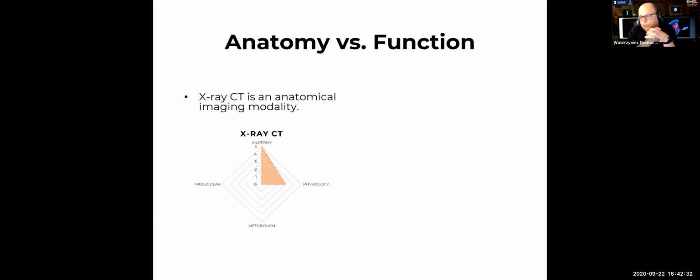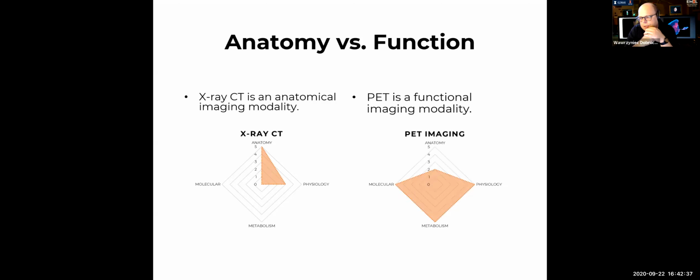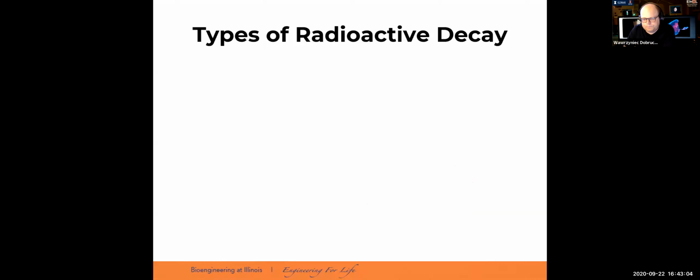However, PET imaging is considered a functional imaging modality, which looks at function and molecular events, for example changes in receptor density or receptor expression, also metabolism, like glucose metabolism, and some physiology. This is where PET imaging has its application, definitely not anatomy.